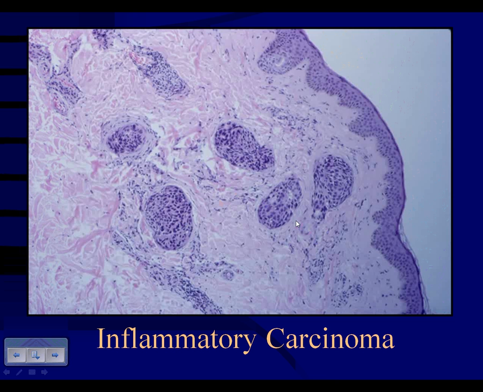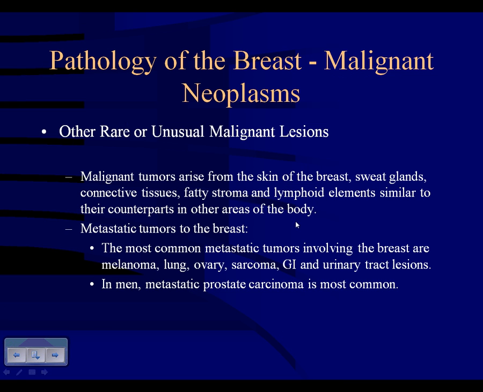Pretty extensive disease. All right, other rare or unusual malignant tumors that are seen. We're not going to spend a whole lot of time with these, but just remember, all the different tissue types in the breast can develop a tumor. And again, tumors of stromal origin and lymphoid elements can occur, but they're rare. Mets can occur to the breast.